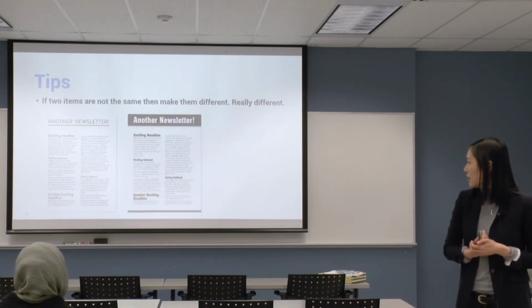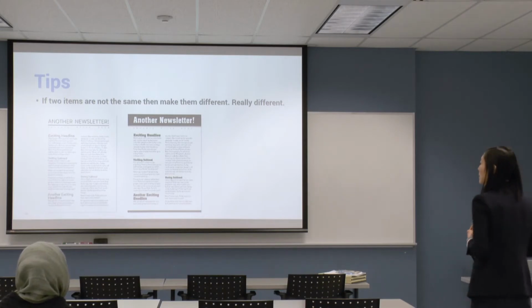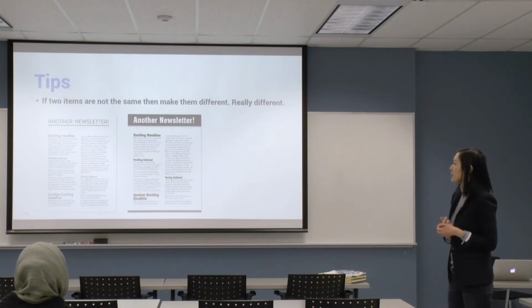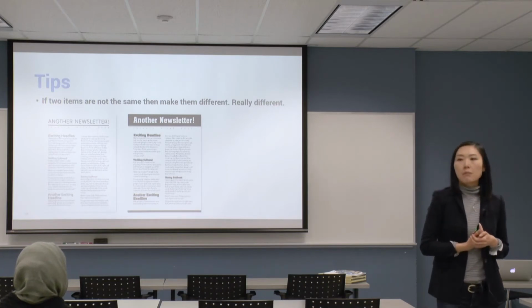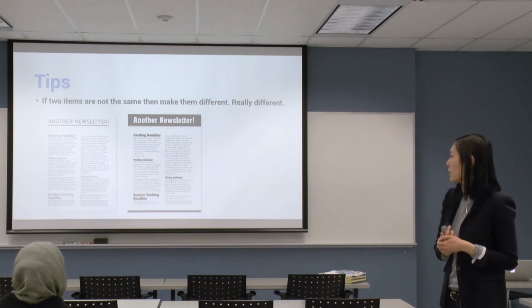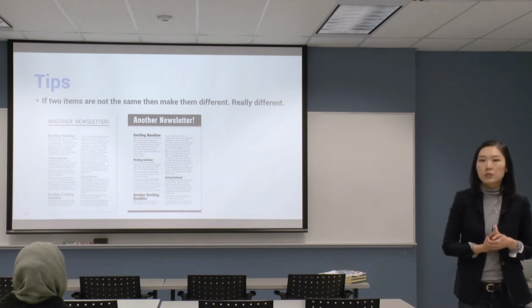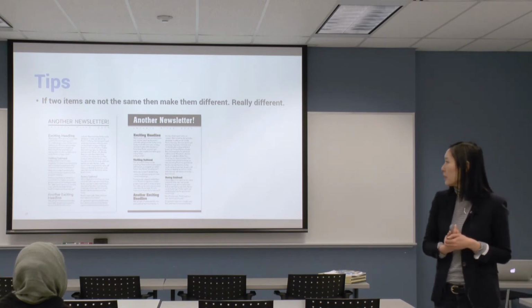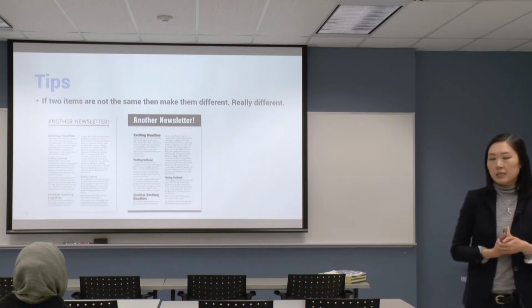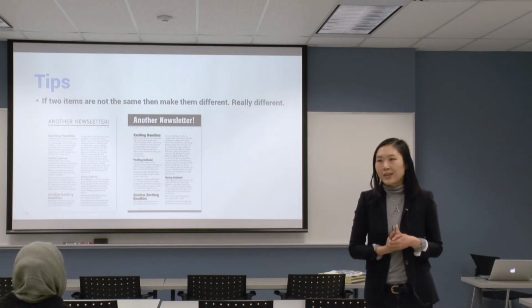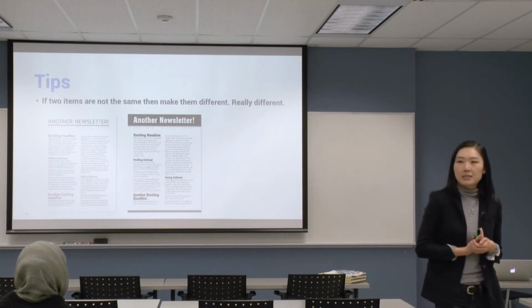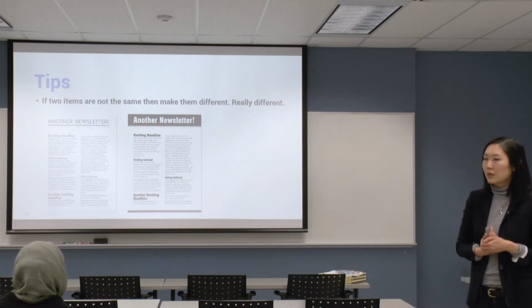Okay. The one on the left, of course, is not necessarily a poorly designed piece, right? It still looks professional. But your goal is that when I'm glancing at this information, I want to immediately be able to communicate what each of these paragraphs is about. And we all know that people don't like to spend a lot of time reading.